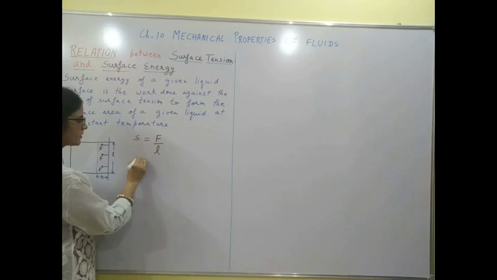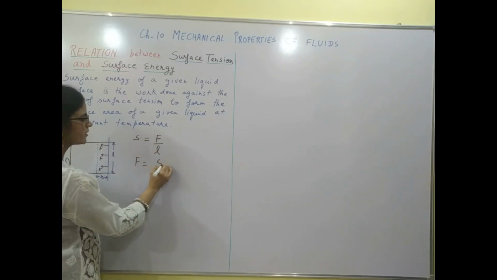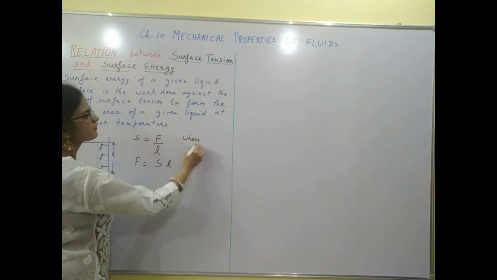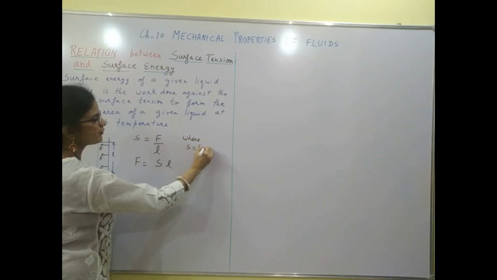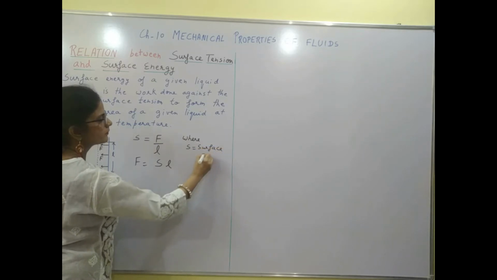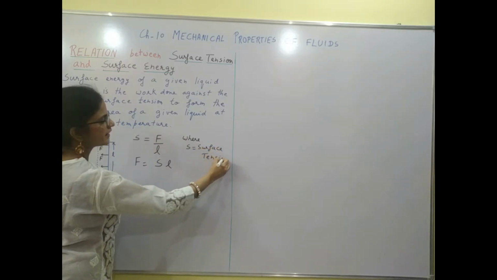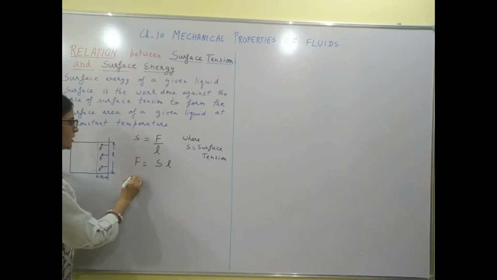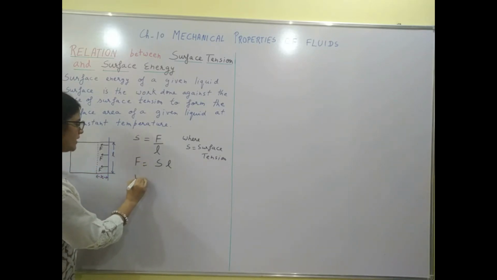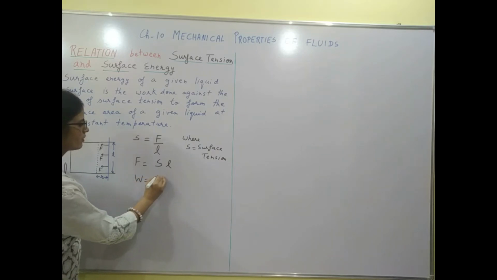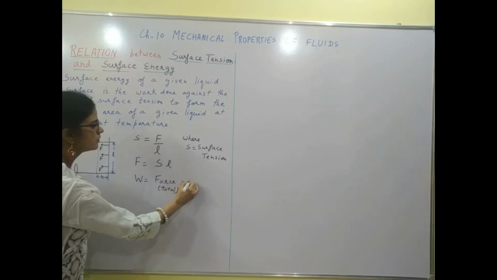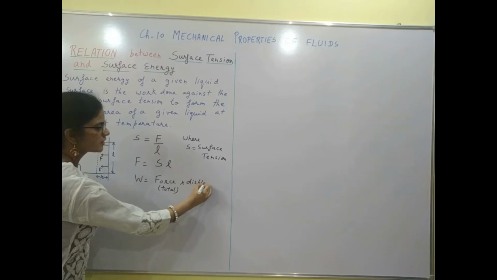So force can be written as surface tension into l, where S is equal to surface tension, right? So we have to find the work done. Work done can be written as force, that is total force, into displacement.